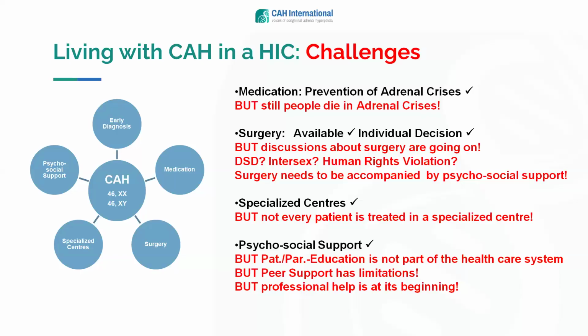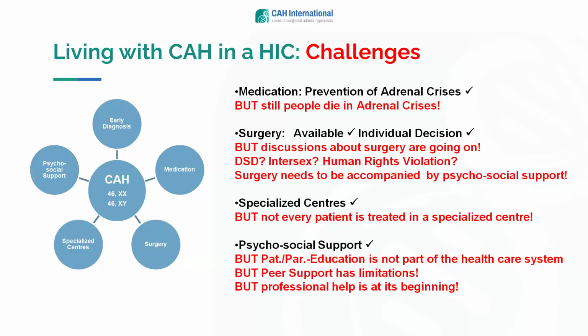They get educated, they can join seminars. So this is a very well-developed education system here in Austria, and in Germany and in our European countries. But for rare diseases like CAH, we do not have this education system.